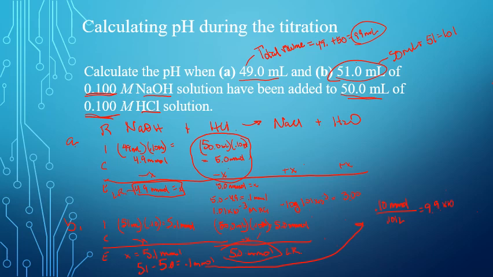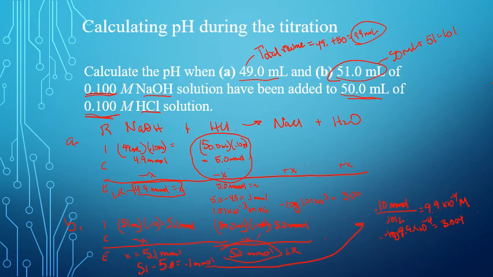I get 9.9 times 10 to the negative fourth for my molarity. And if I take the negative log of that answer, negative log of 9.9 times 10 to the minus fourth, not 14th, that now gives me 3.004. So again, approximately 3.00.